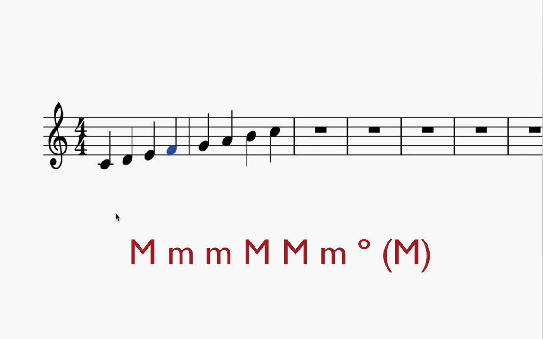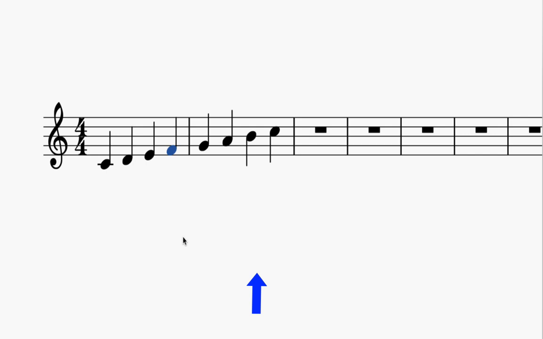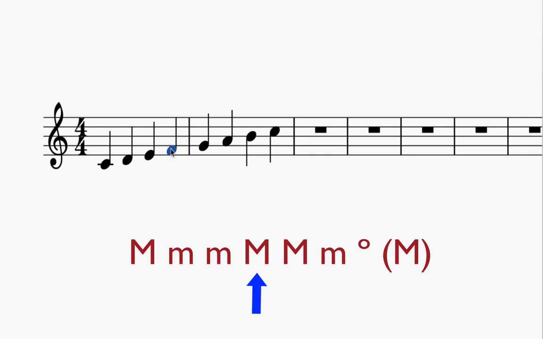If we count up the pattern, it is major, minor, minor, major, so the 4th chord quality in our diatonic chord progression is major. Therefore F major is the IV in the key of C.